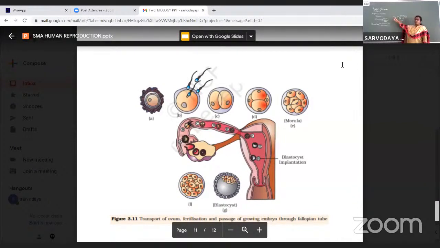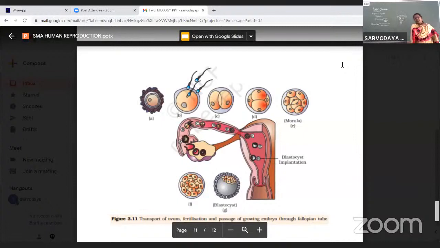Now let us look into the continuation: pregnancy and embryonic development. I said the blastocyst is going to be attached to the wall of the uterus. You can see that. Now, at this region, what is going to happen?